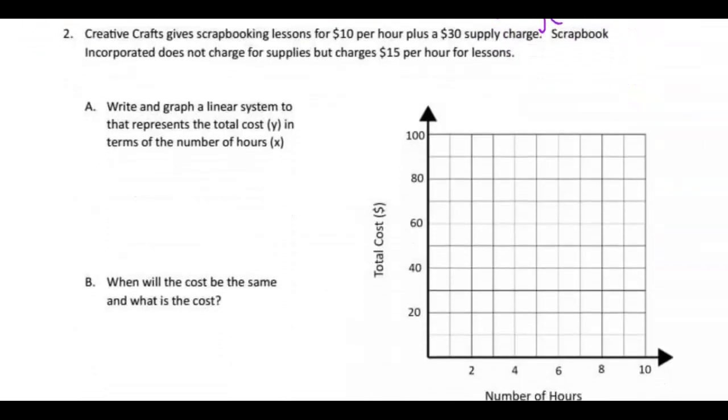Creative Crafts. So Creative Crafts is scrapbooking lessons for $10 per hour plus a $30 supply charge. Scrapbook Incorporated does not charge for supplies, but charges $15 per hour for lessons. So once again, make sure you have your equations labeled.